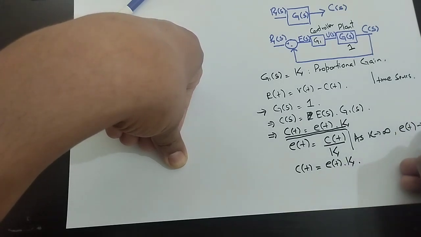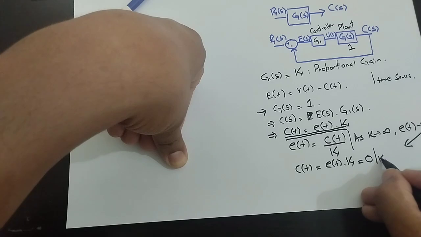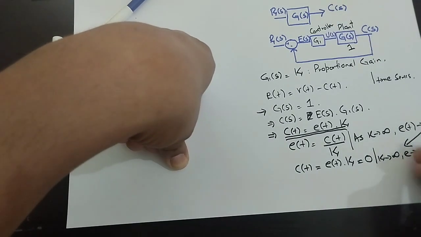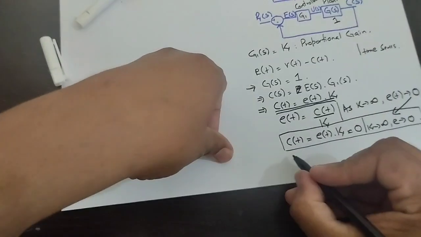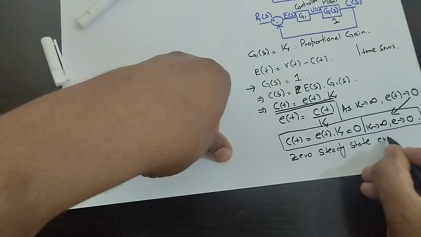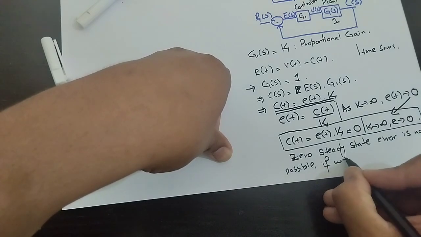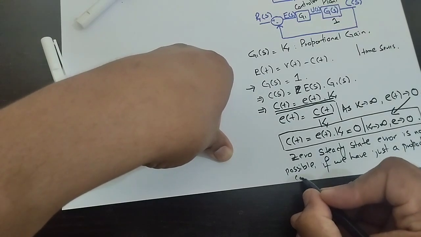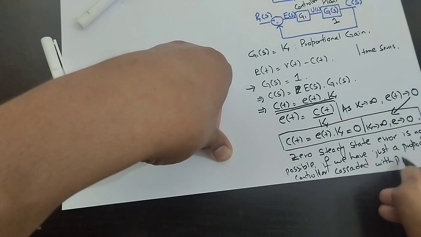So if this is equal to 0 as K approaches infinity and E approaches 0, then by virtue of these two conditions, especially this one, which summarizes the whole derivation, we cannot have a zero steady state error if we have just a proportional controller cascaded with the plant.